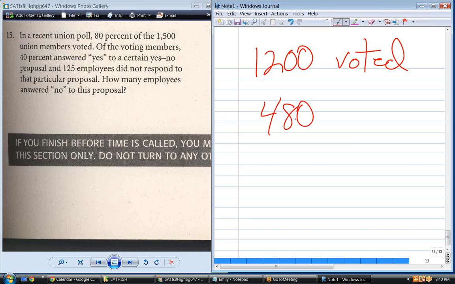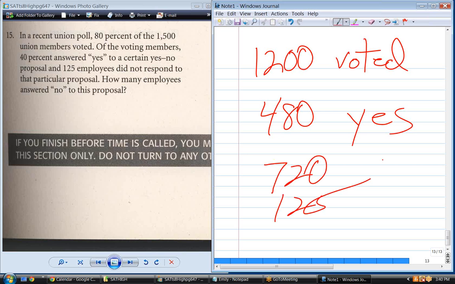So 148 voted yes. 148 or 480? 480 voted yes. Okay, that's all right. 125 did not vote. So it'd be that minus 30 minus. So 845 voted no. So 720 plus 125, yeah. Okay.